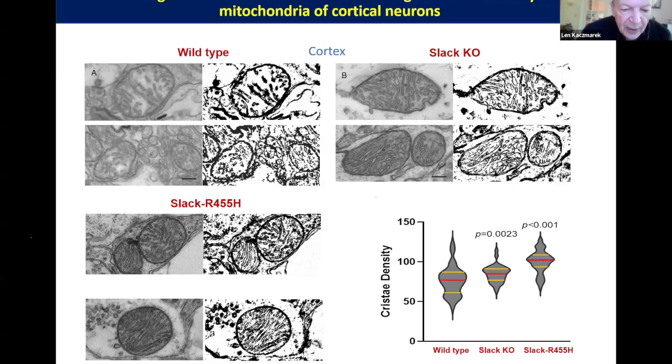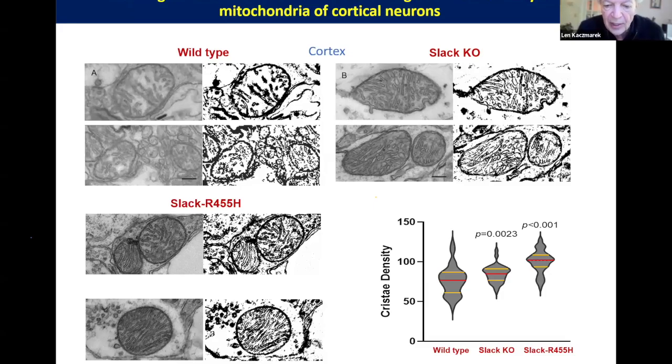If you simply look at the mitochondria in the wild type, there's a wide variety of cristae configurations. But if you look at the knockout or the knock-in, they have much denser cristae.